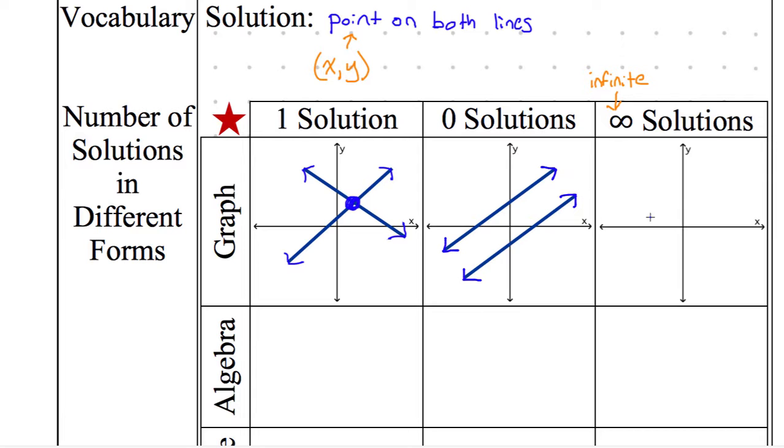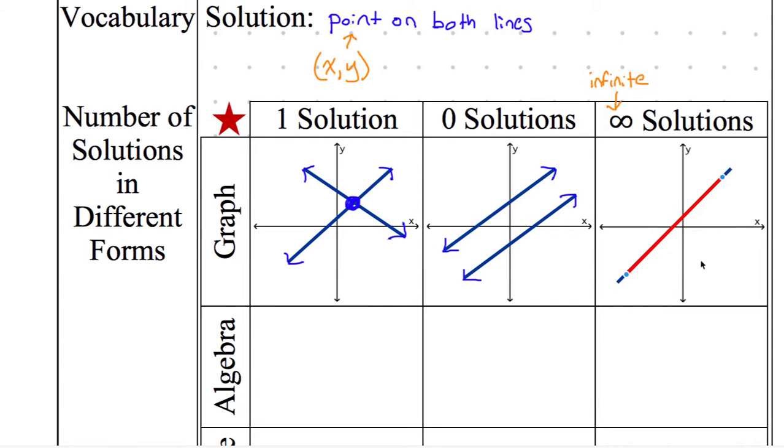Make two lines, one on top of the other. Here's my first line. It looks like this. Here's my next line. I'll do it in a different color. I'm going to put it right on top of it because technology is not my friend today.